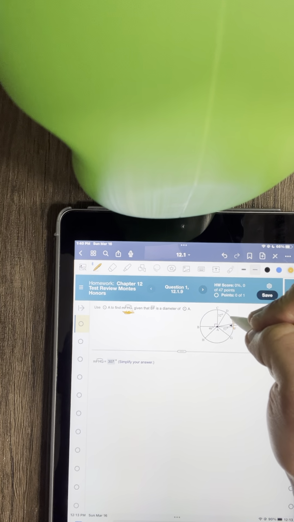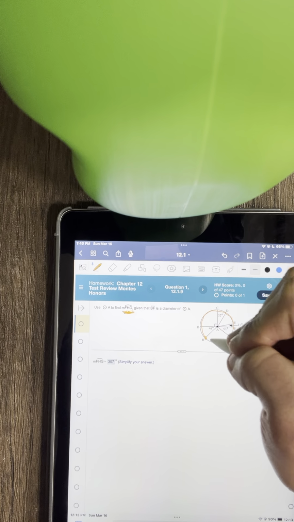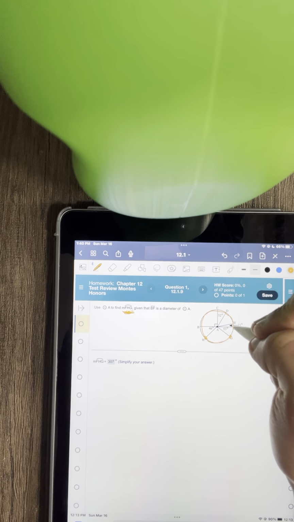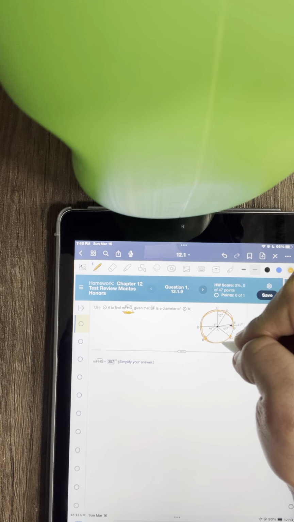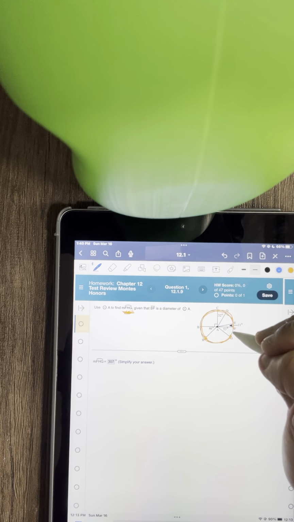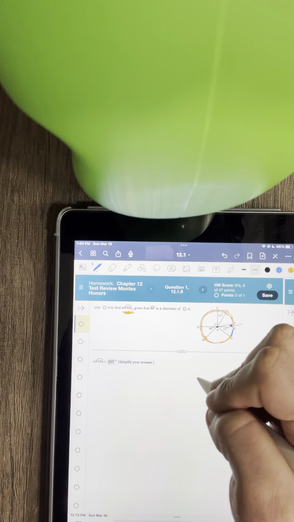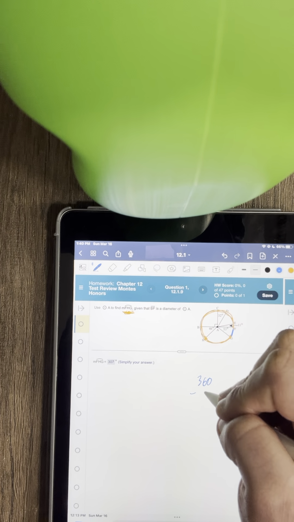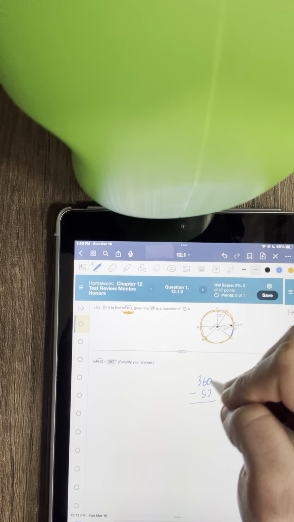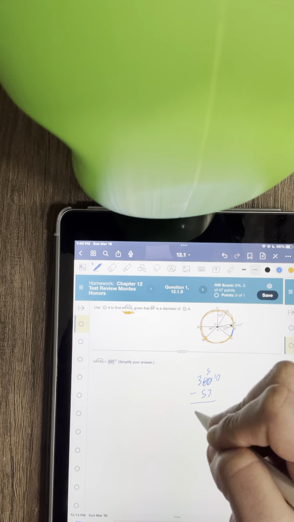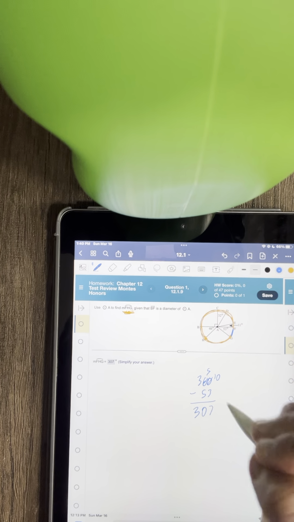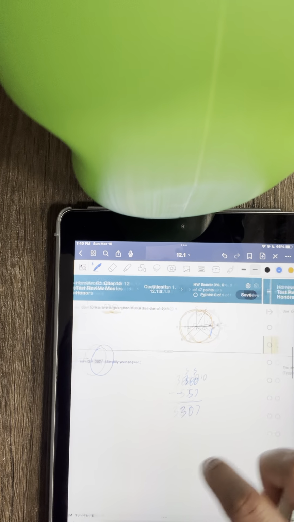F, H, G. So that means we want all of this. So I'm gonna have to take this little piece that I didn't use and subtract it from the entire thing. 360 minus 53 is 307. And that's my answer.